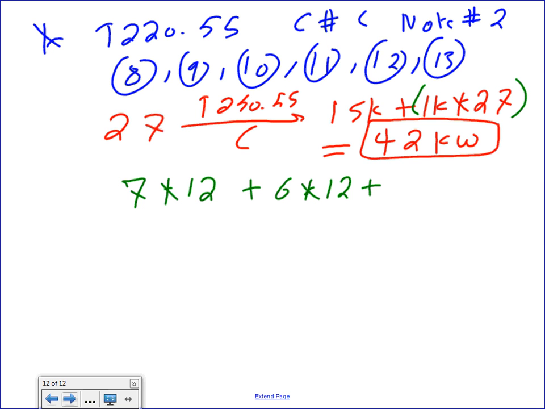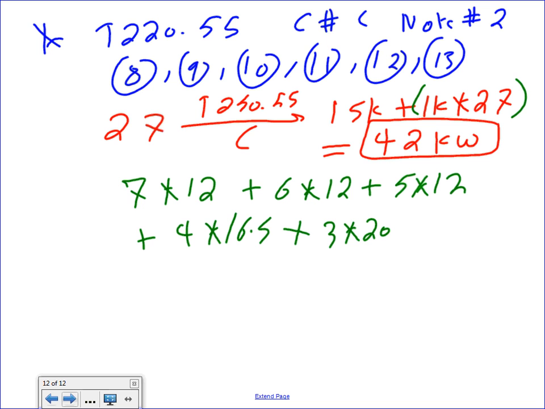Good with the brackets? All right, so 7 times 12 plus 6 times 12 plus 5 times 12 plus, we're not done yet, plus 4 times 16.5 plus 3 times 20 plus 2 times 27. Who's going to give me the answer for this?